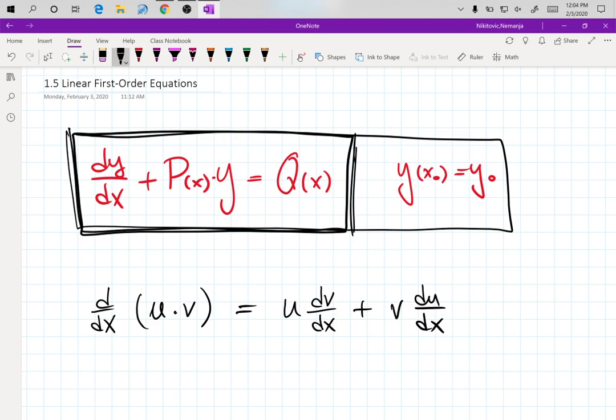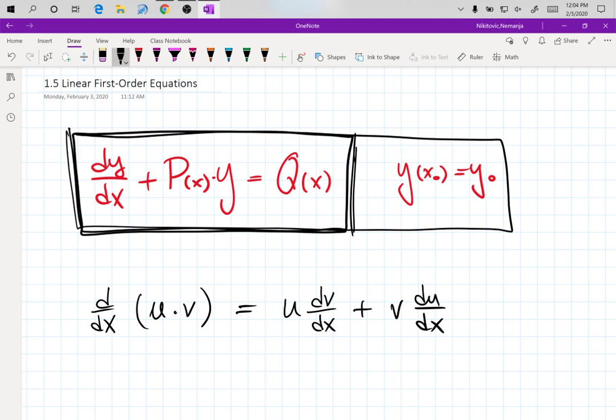And if you take a look at the left-hand side, you almost have that. You don't have it quite, right? But you kind of do. And the idea is to multiply through by a function mu of x. I don't know why they picked mu, but mu is a Greek letter.